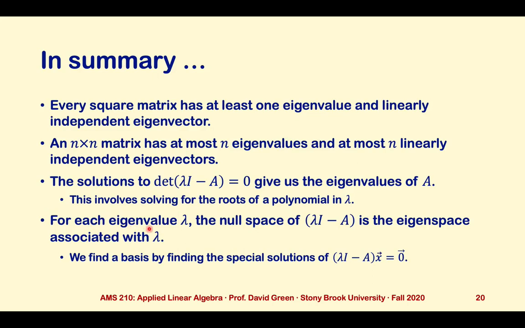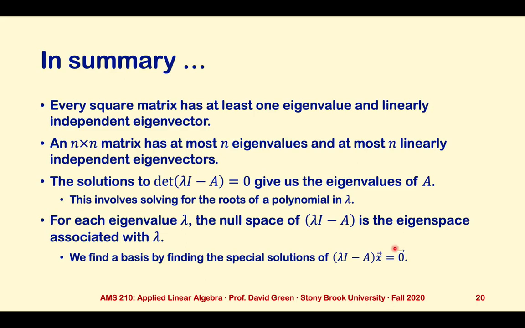Once we have the eigenvalues, the null space of this matrix that now has a number for lambda rather than lambda being a variable is the eigenspace associated with this, and we characterize it by finding a basis, the special solutions of this piece.